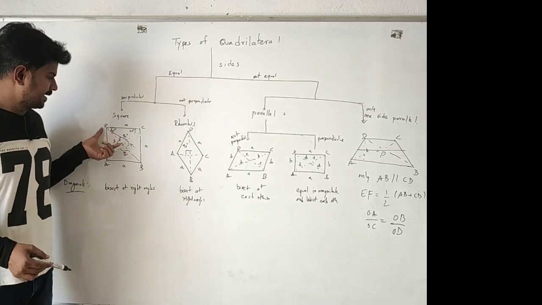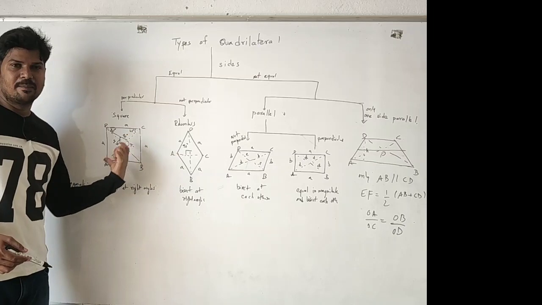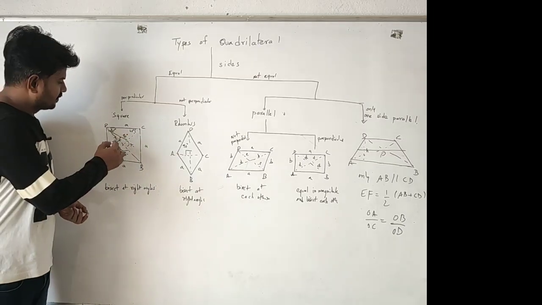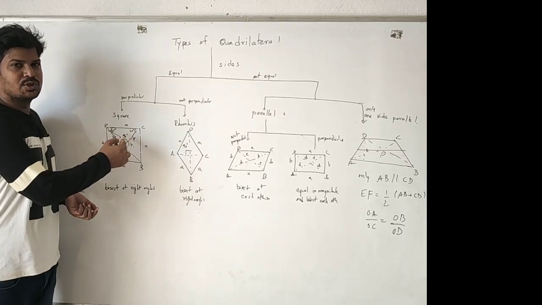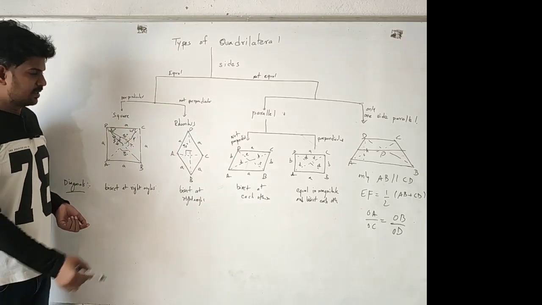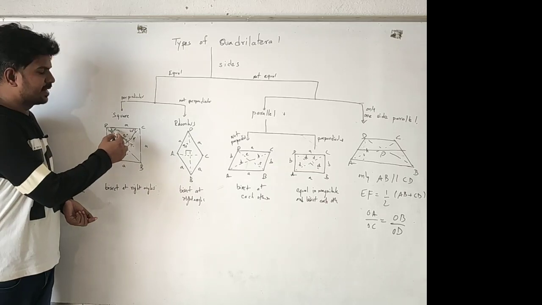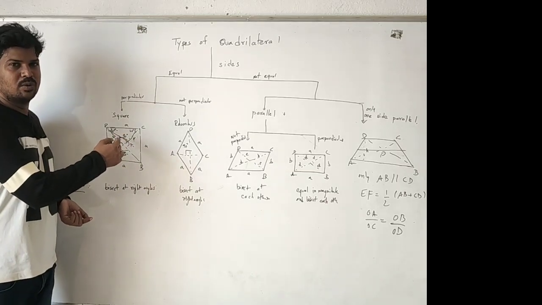Because the diagonals are equal and bisect each other, the length of this side and the length of this side are the same. So this forms an isosceles right angle triangle. Here one angle is 90 degrees and these 2 angles are the same, equal to 45 degrees.